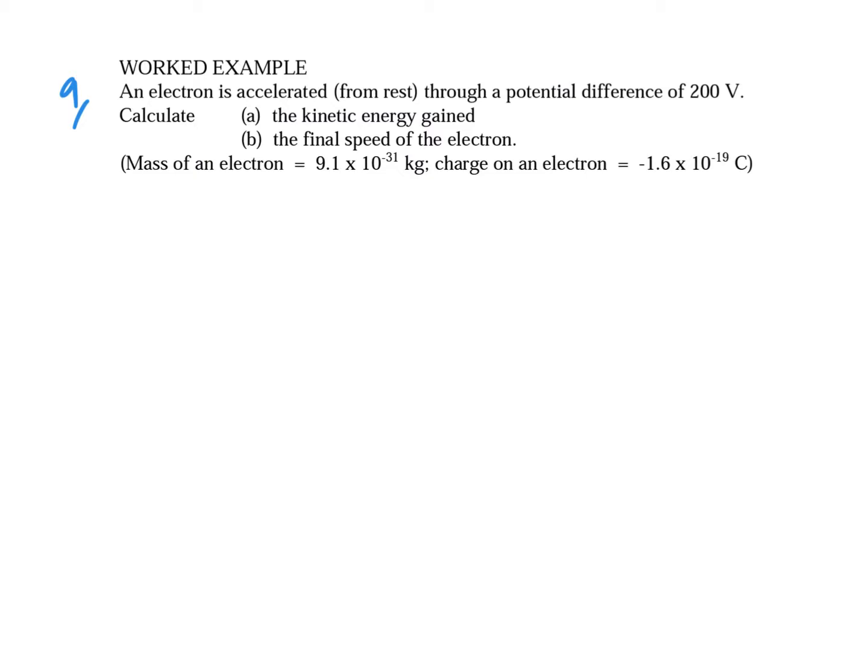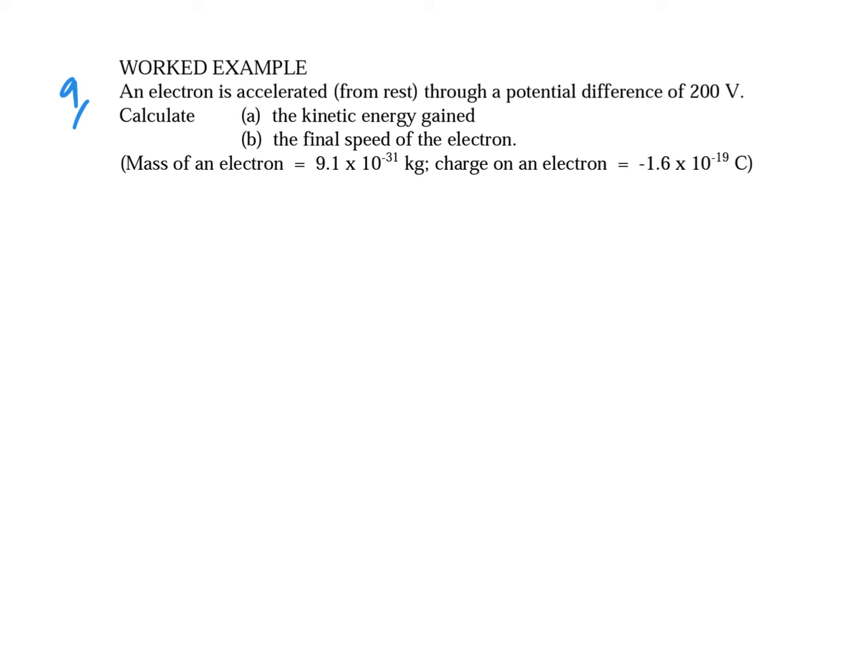So number 9 we'll do a worked example for as well. It's about using conservation of energy to calculate the speed of a charged particle. This question splits up into 2 bits. You work out the kinetic energy, you use that to work out the speed. Sometimes you won't get that as two separate bits, you'll just be asked for the speed, so you could be asked to do this all in one step.